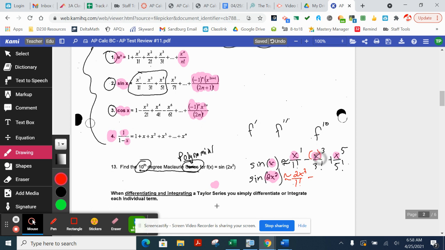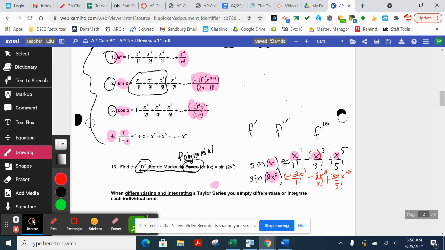If I plug in a 2x squared right here, that is going to give us what? 8x to the 6th over 3 factorial. Plus, and then 2 to the 5th would be 32, so 32 x to the 10th over a 5 factorial. And then that's it. That's our 10th degree Taylor polynomial.